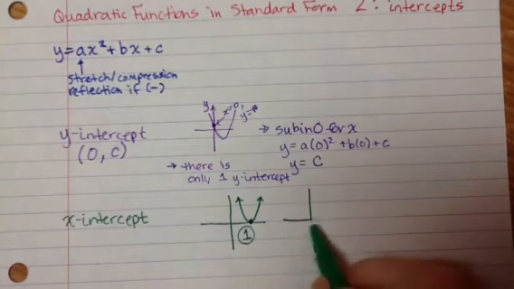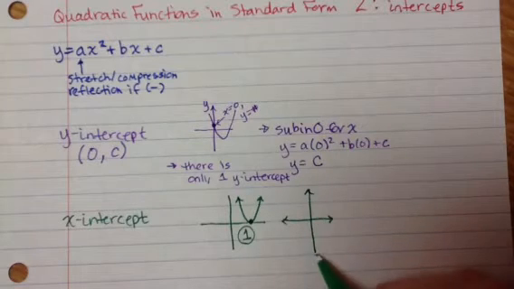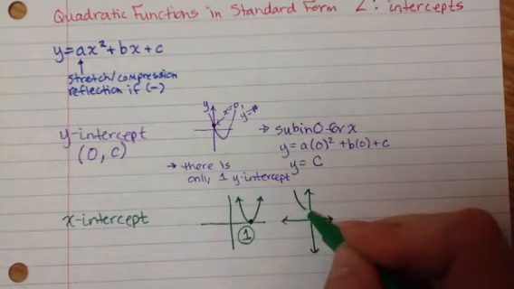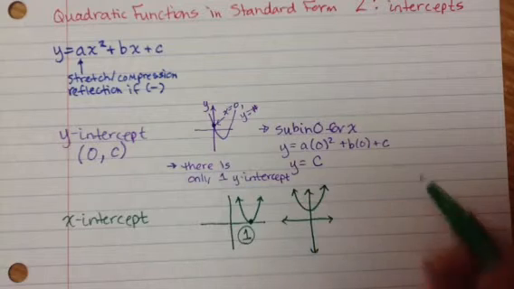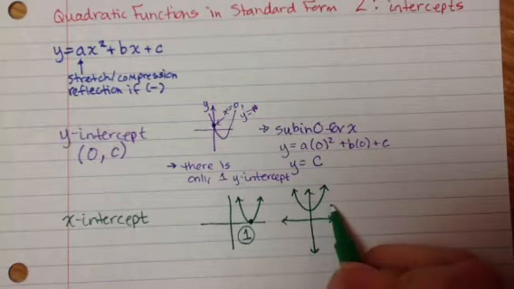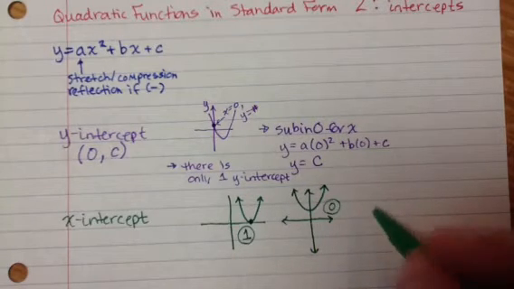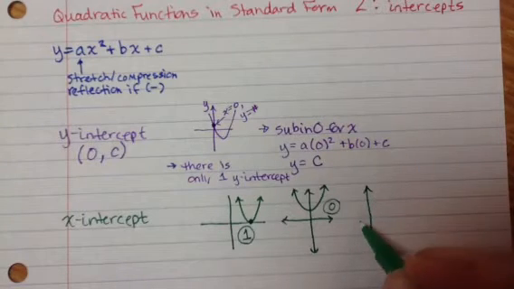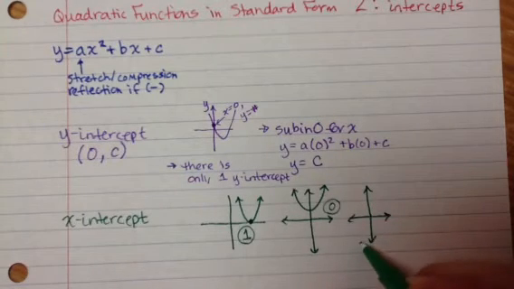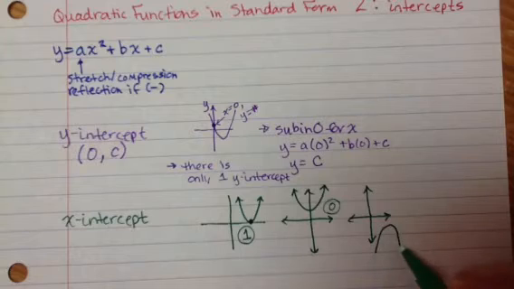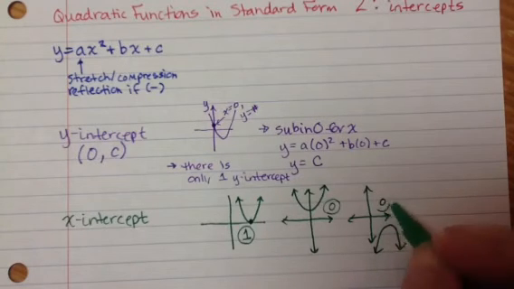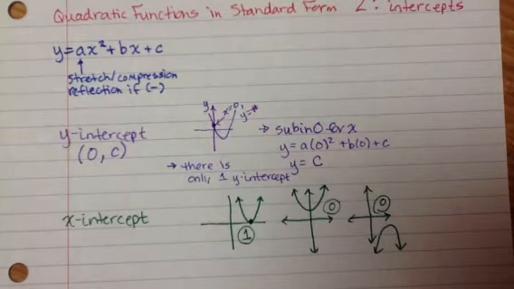Or we could have a graph where the parabola is kind of up above the x-axis and have no x-intercepts. Or if the parabola opens down and is below the x-axis, we could also have 0 x-intercepts.